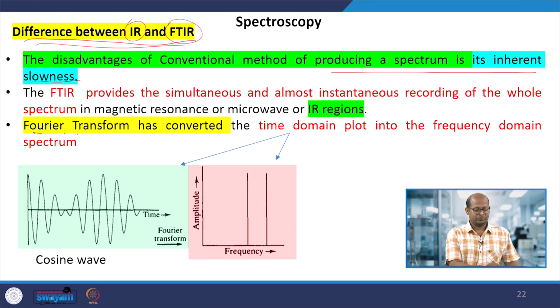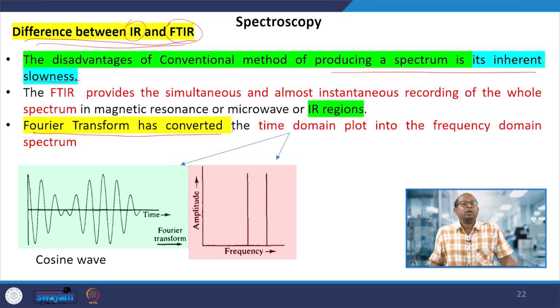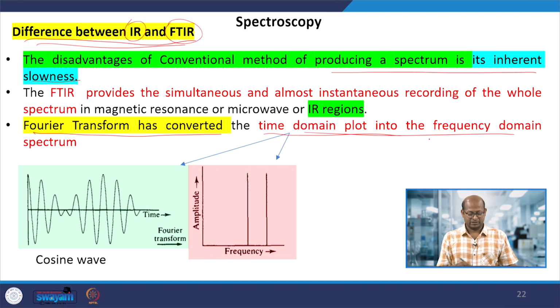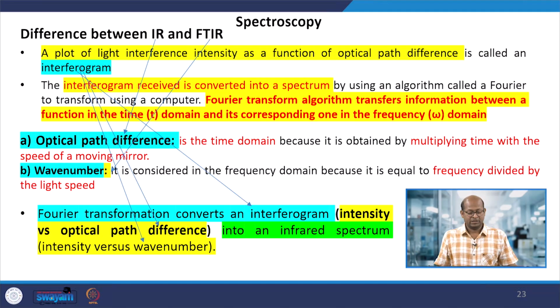That is the advantage, and it is very fast compared to conventional IR. In Fourier transform, the time domain is converted into the frequency domain, and as a result we can get the whole range added together.